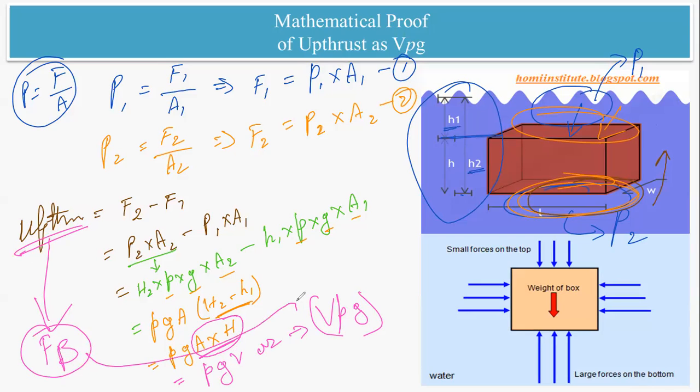Hence, the buoyant force is equal to the volume of the liquid displaced by the submerged portion of the object into the density of the liquid which is displaced and the acceleration due to gravity over there. Okay, so I hope that now it is clear to you. Is it clear? Have you understood this?